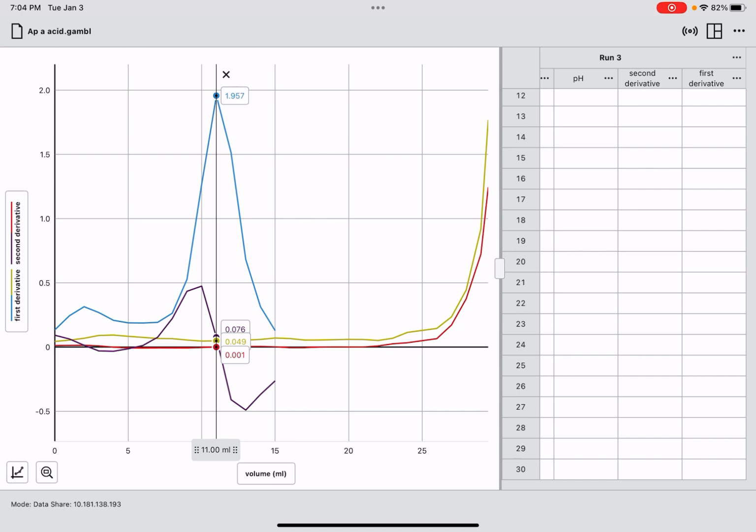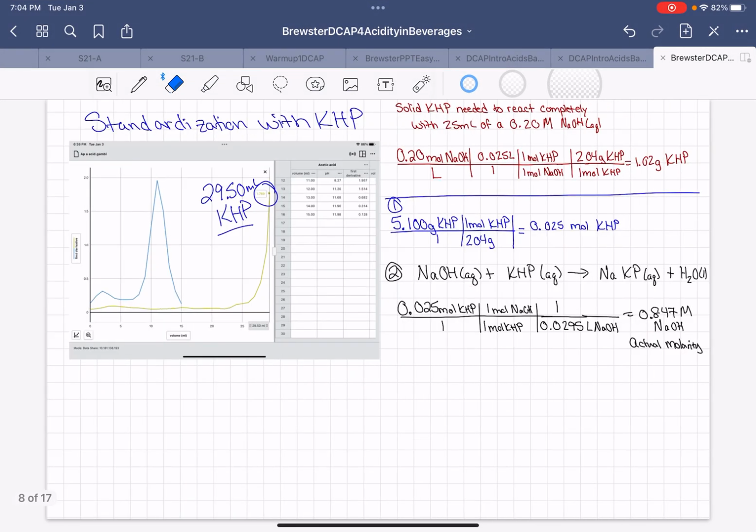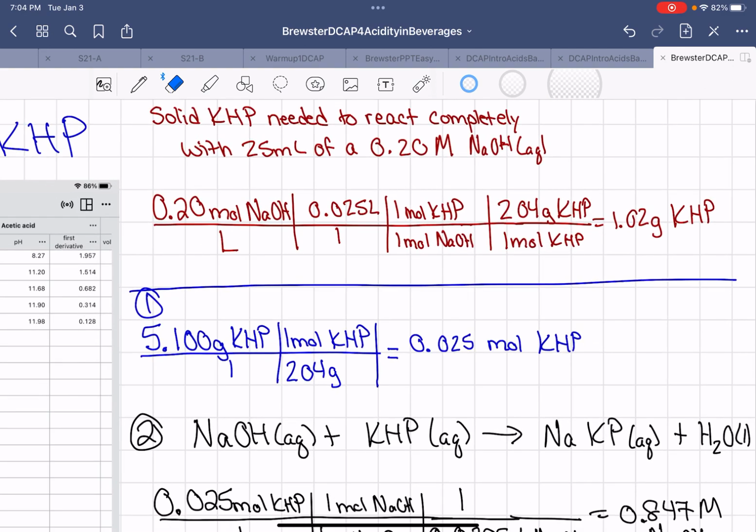So, how do we use this? Well, first off, I've got to deal with the KHP. On your next lab, I'm actually going to make you make your own KHP solution. You'll have to calculate how much solid KHP you'll need in order to get a certain amount of sodium hydroxide to react.